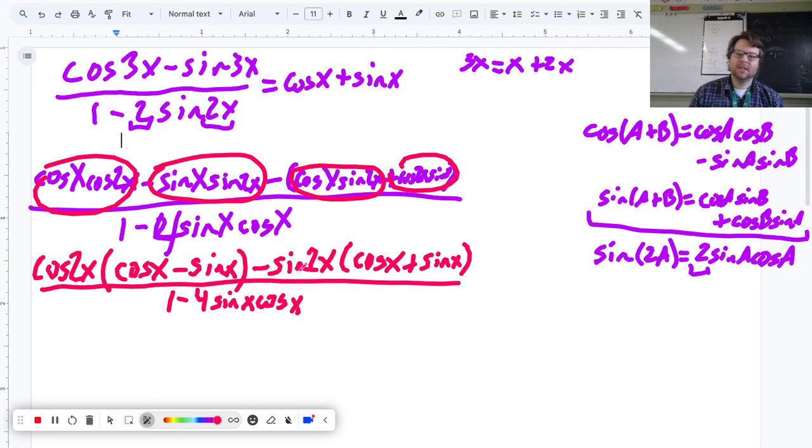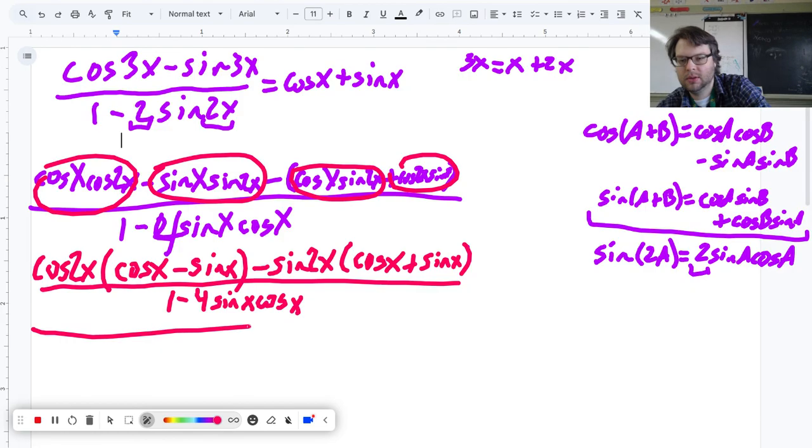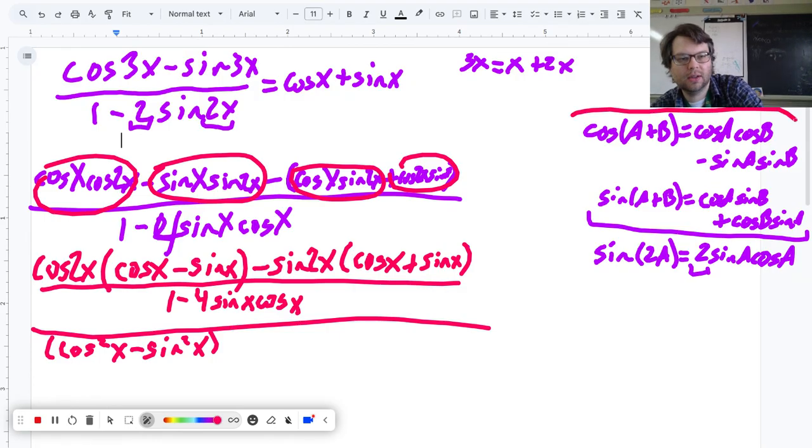Okay. Now I've got some cosine x's and cosine 2x and some sine of 2x that I can still convert. So let's do that one more time. Cosine of 2x, we can write this as cosine squared x minus sine squared x. That's looking at this top formula here and just making the a's and b's the same.